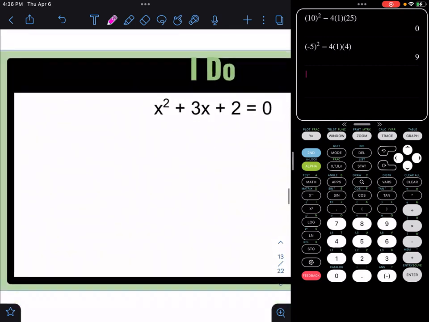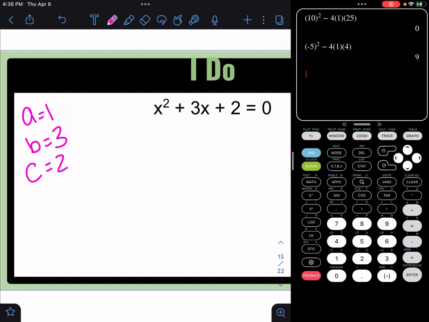Alright, we're already equal to 0, so I could say that my a is 1, my b is 3, and my c is 2. Now I need the formula. The formula is negative b plus or minus the square root of b squared minus 4ac all over 2a.